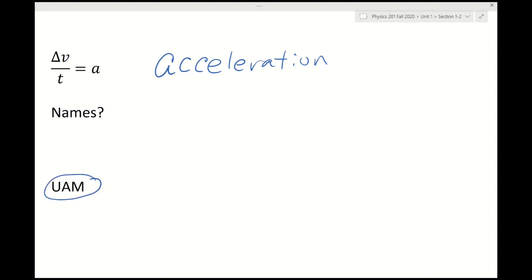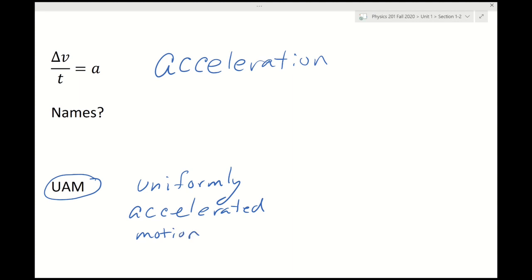Everything that we work with in this course is going to be a situation of what we call UAM, that is uniformly accelerated motion. So with UAM, what we have is a constant rate of change of velocity or speed versus time.